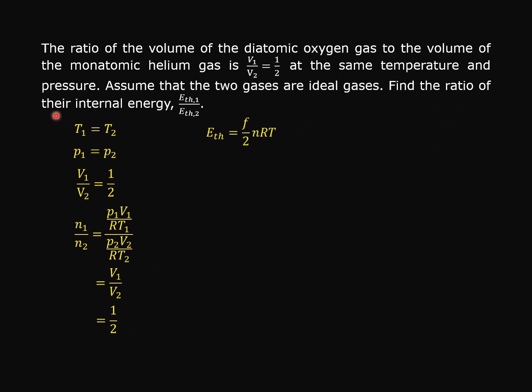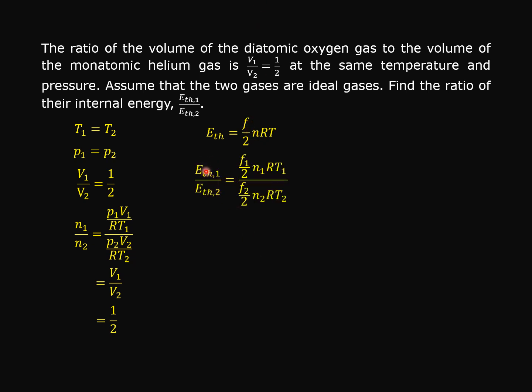To find the ratio of the internal energy of these two gases, we need to use the formula for the internal energy for n moles of gas, which is equal to f over 2 nRT, where f refers to the degrees of freedom of the gas that we consider.